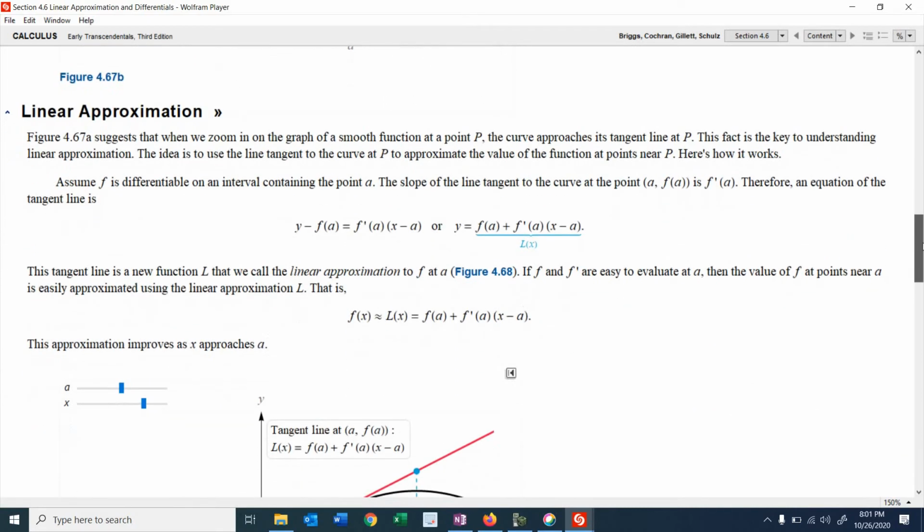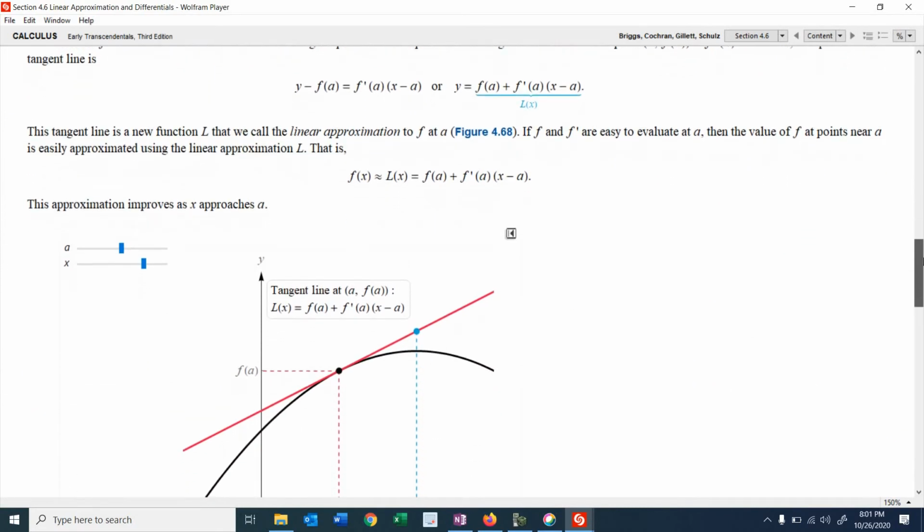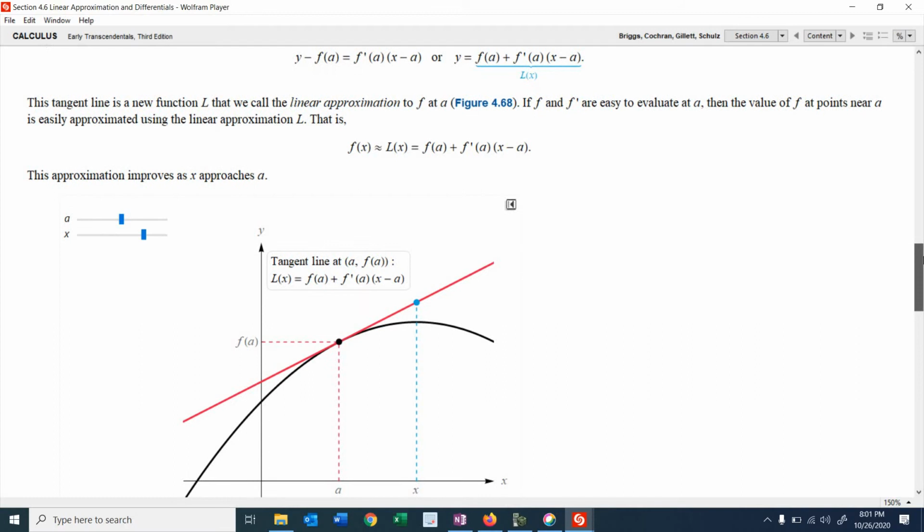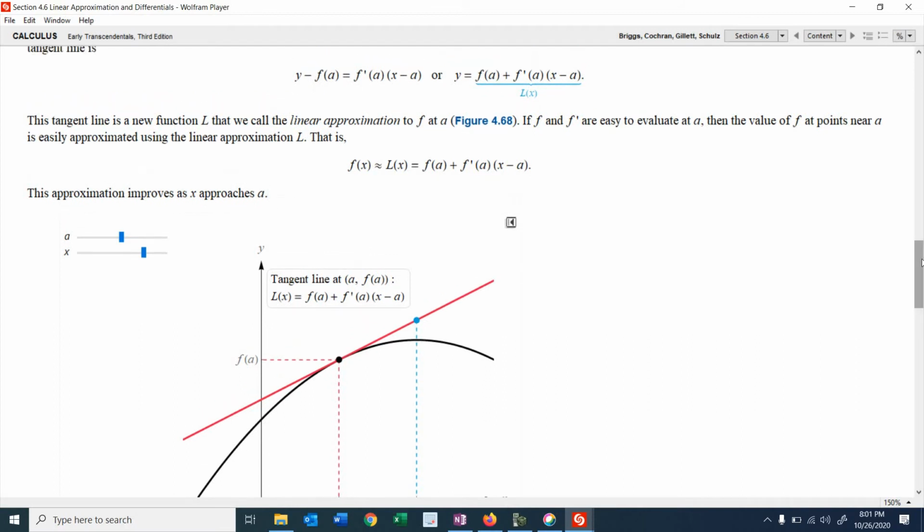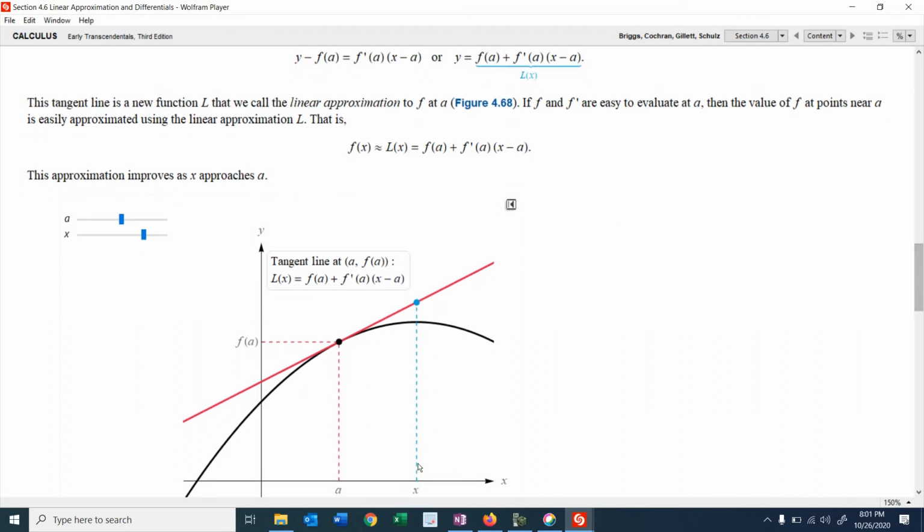Okay, so having said that, let's come up with the linear approximation formula that we're going to use. Let's just say you have the graph of some function that looks like this, right? It's a nonlinear function, and we want to approximate it as if it were a straight line at this particular point A. Now notice it is differentiable at A, so if I zoom in on this particular point, the function does begin to look more and more like a straight line.